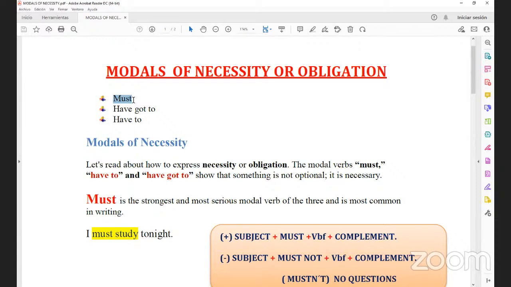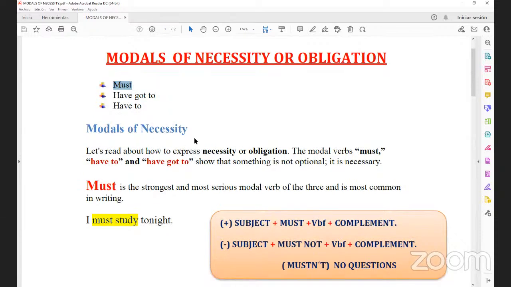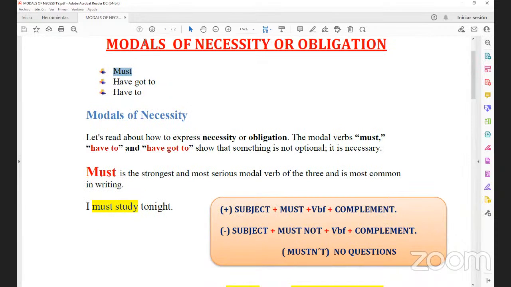Let's see this definition and the examples. When we talk about modals of necessity, we know that the meaning of must means debes. So when we talk about this must, we're talking about a strong obligation.